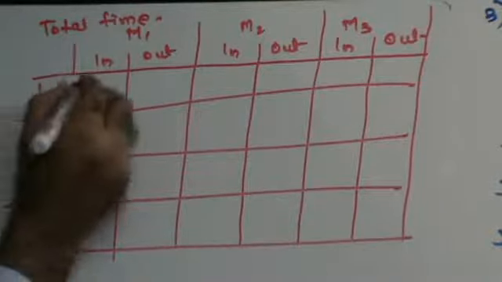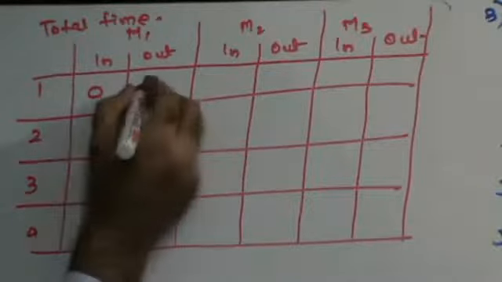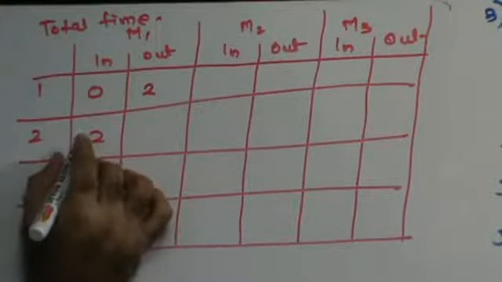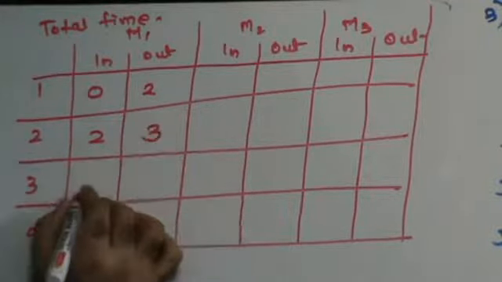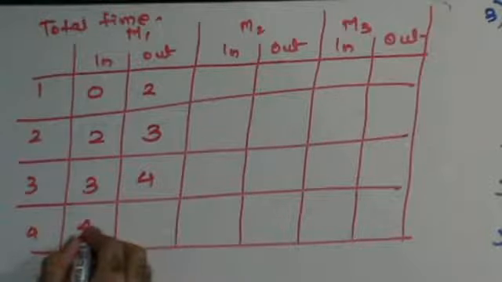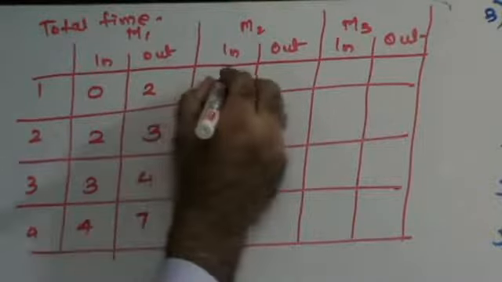Let's start with 0 hours. Now, machine 1 takes 2 hours. Bring this down here. Machine 2 takes 1 hour. Machine 3 takes 1 hour. Machine 4 takes 3 hours. This will start with 2.